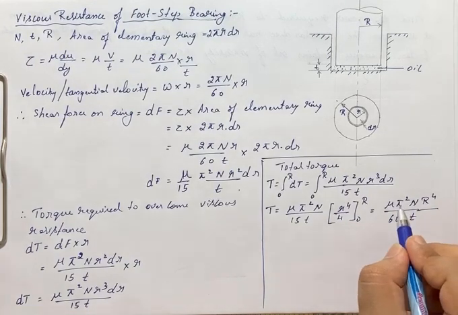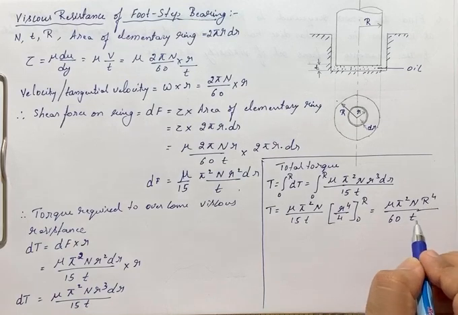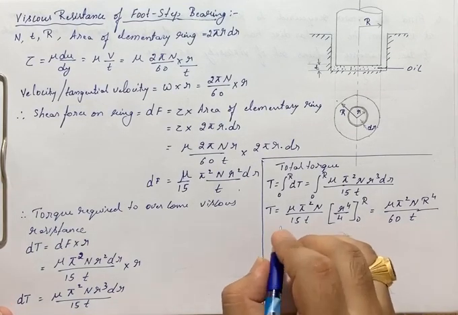That is, mu pi square n r raised to 4 divided by 60 t is the total torque.